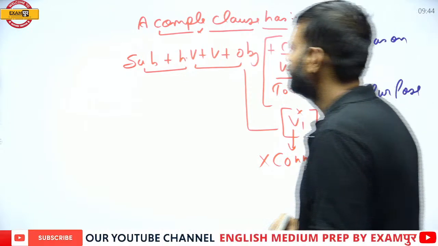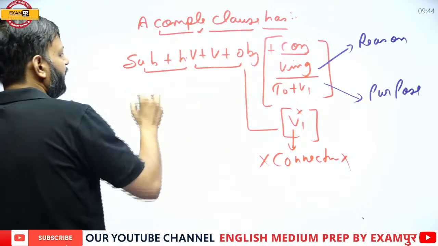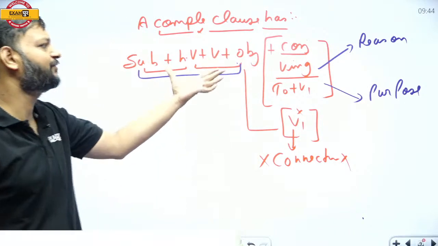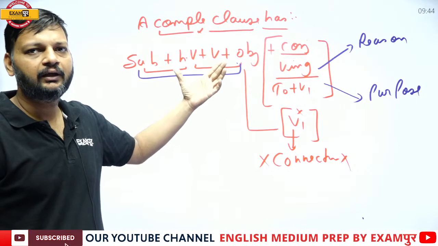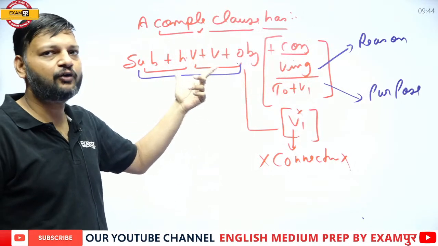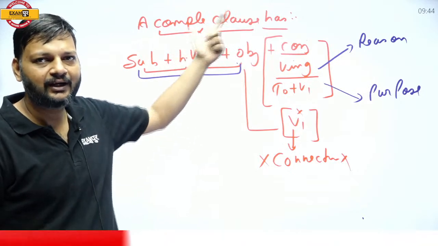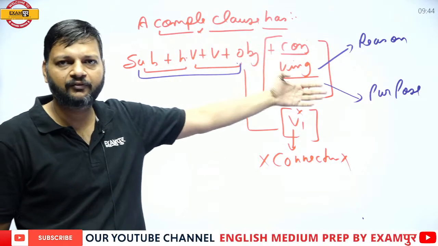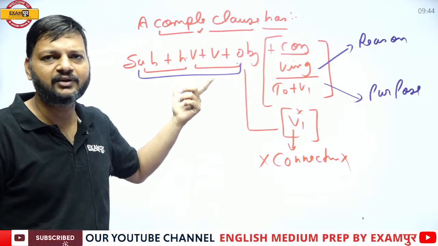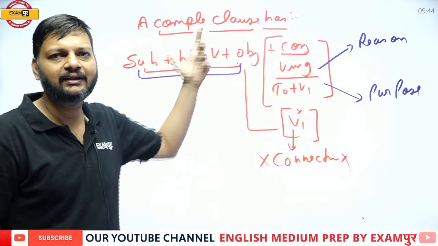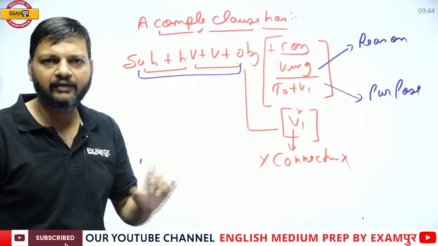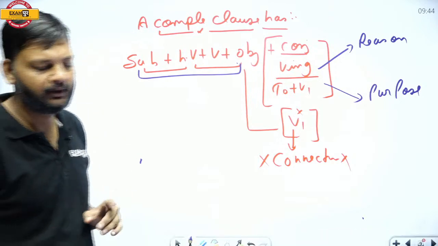So that means if you are telling the purpose of this action in the later part, you have to use to plus first form. But if you are telling the reason of this action in the latter part, you have to use an ing form of verb, right?